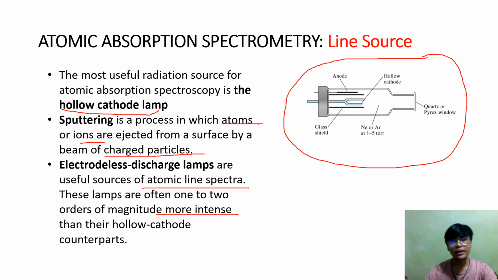A typical electrodeless discharge lamp is constructed from a sealed quartz tube containing an inert gas such as argon at a pressure of a few torr and a small quantity of the analyte metal or its salt. The lamp contains no electrode, but instead it is energized by an intense field of radio frequency or microwave radiation.